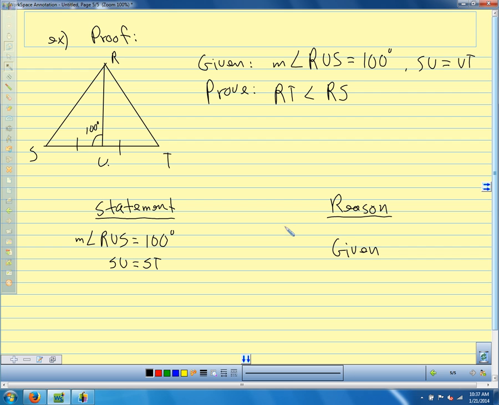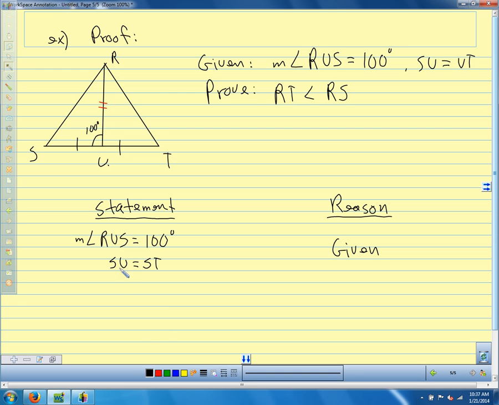So what else do we know here? Any ideas? Well, what do we know about segment RU between these two triangles? It's the same.